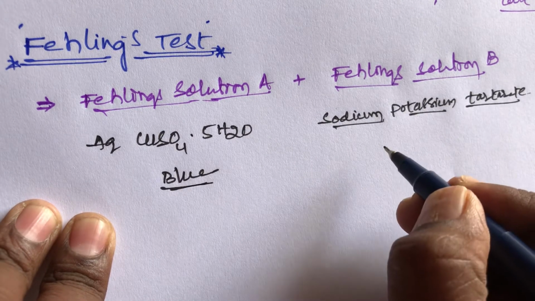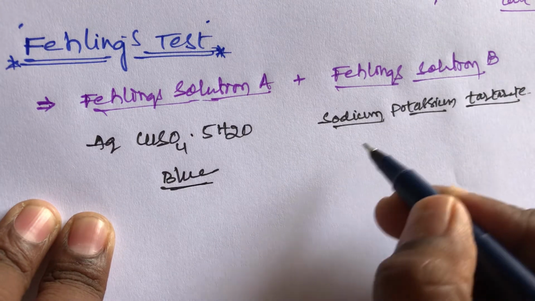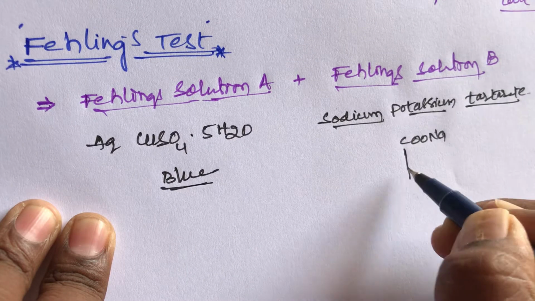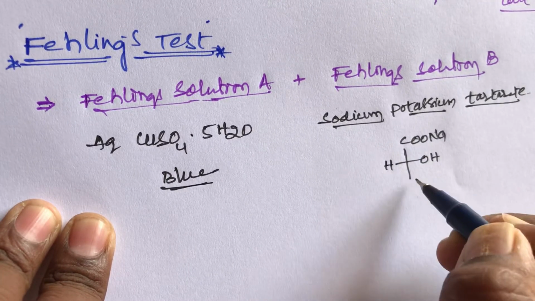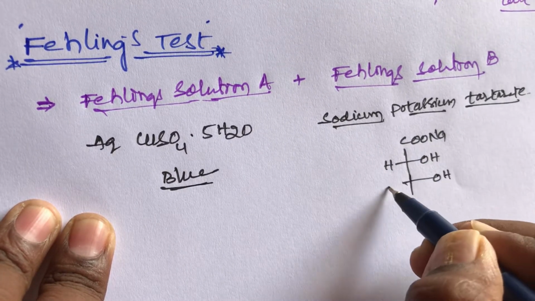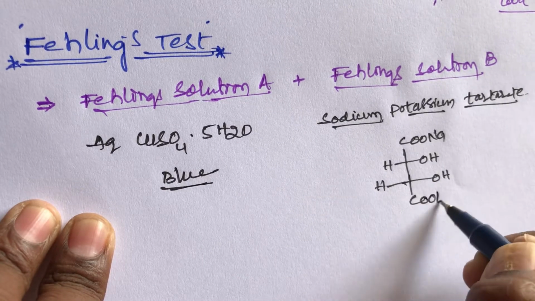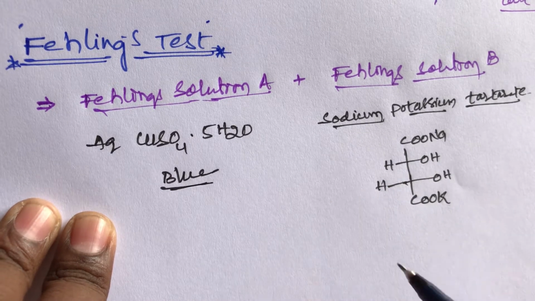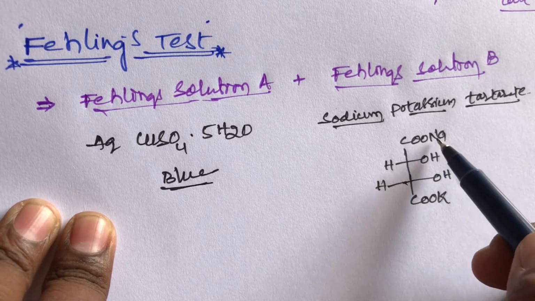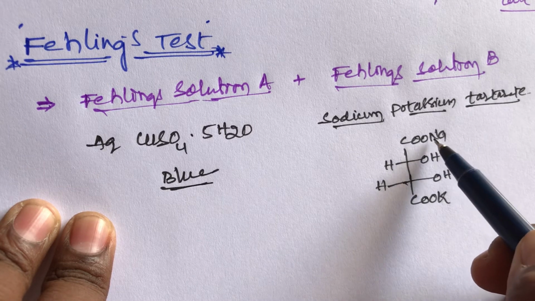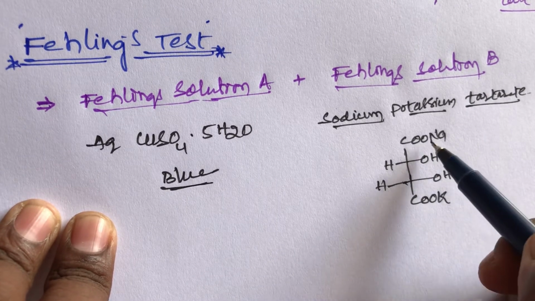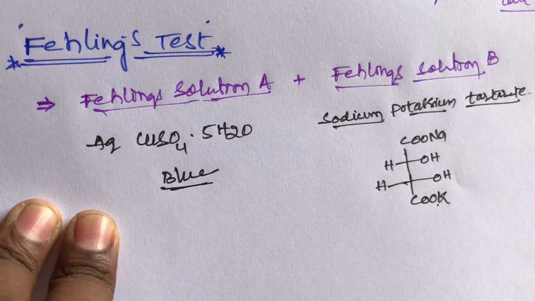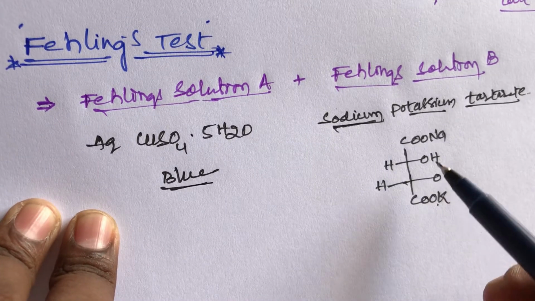We know the structure of sodium potassium tartrate: COONa, then CHOH, CHOH, then COOK. This is similar to tartaric acid.